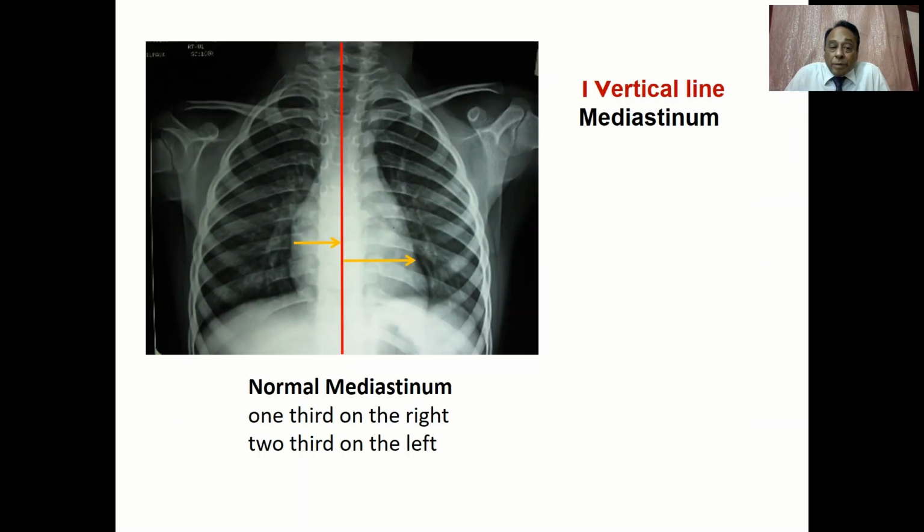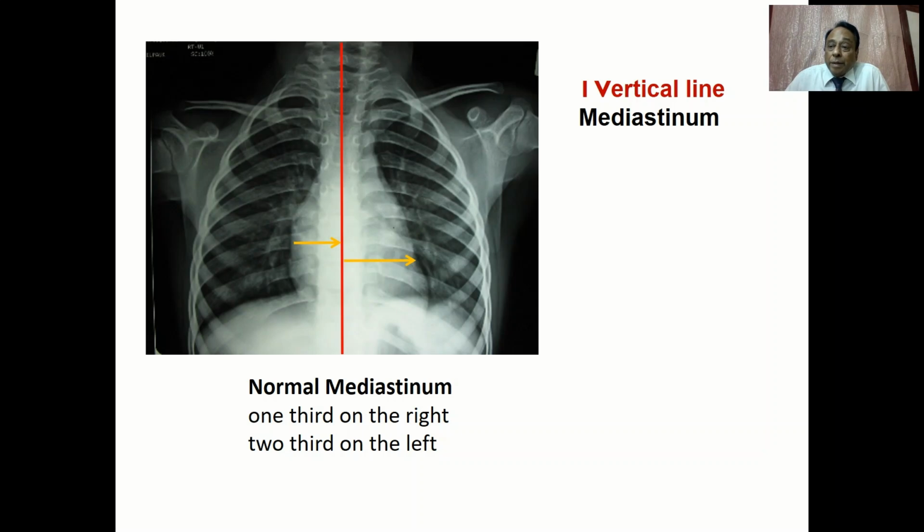And again, a normal X-ray, if taken correctly without any rotation, is such that the mediastinum occupies 1/3 on the right side and 2/3 on the left side. That is a normal X-ray. Sometimes if it is not so, it may be a rotated film, or there may be pathology in the lung that either pushes or pulls the mediastinum.